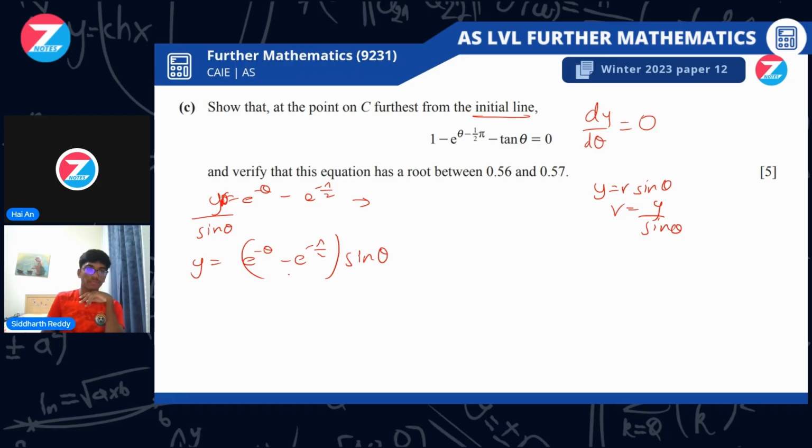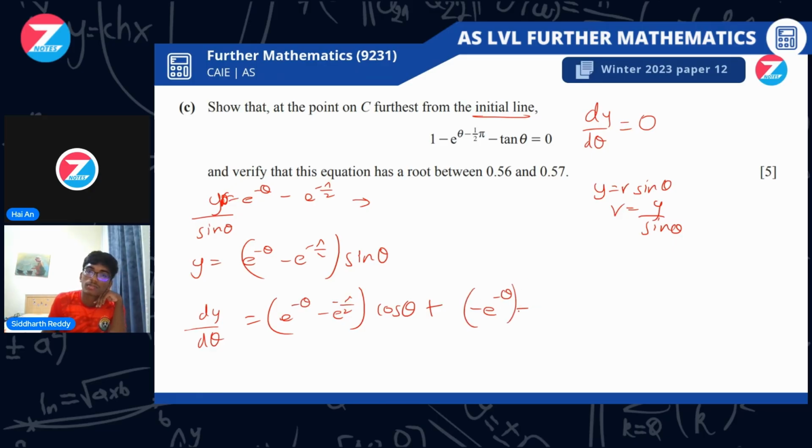Right? So dy by d theta is just going to be, use the product rule. So you get e to the minus theta minus e to the minus pi by 2 cos theta plus minus e to the minus theta times sine theta.